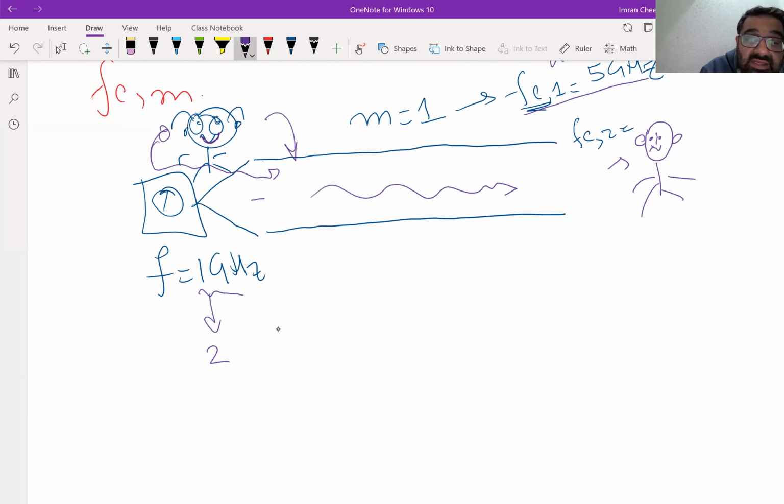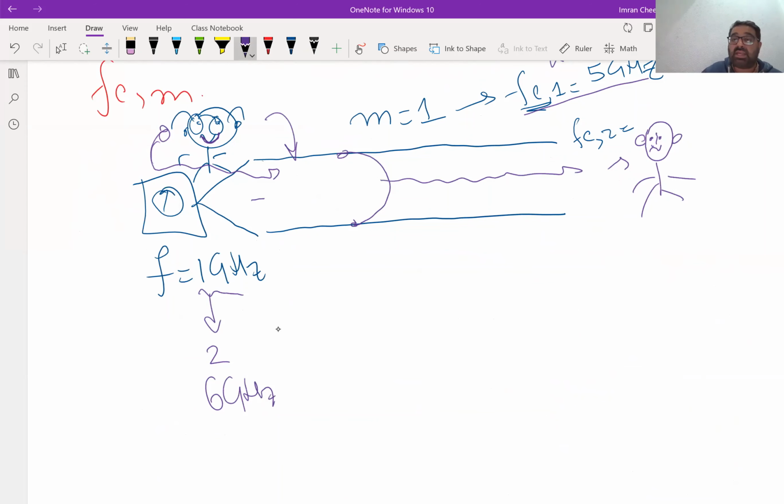But if I make it 6 gigahertz, then you will start hearing through which mode? TE1 mode या TM1 mode. इस तरह का hump होगा जो कि travel करेगा and will reach to you, right?